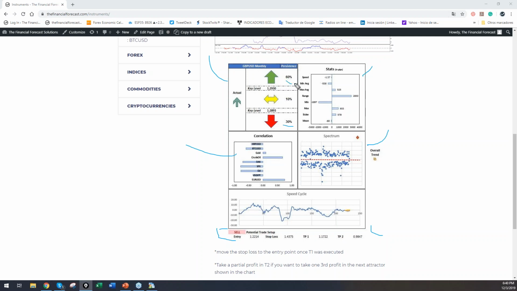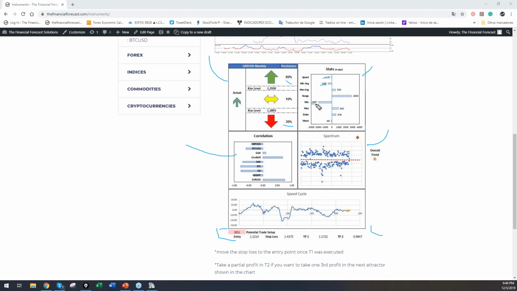But that is not the only piece of the trend. We are only talking about persistence in this case, because when we move to statistics, we have that the speed is negative. We have that the minimum is higher than the maximum in absolute value.